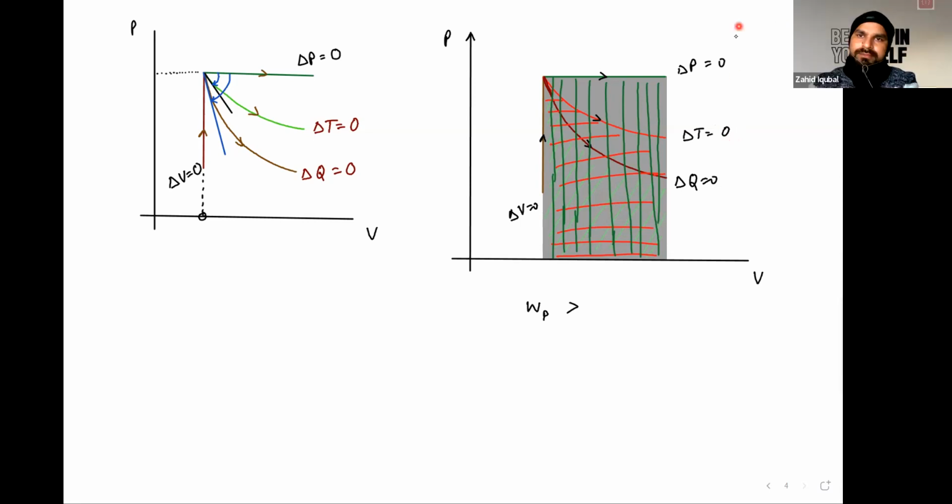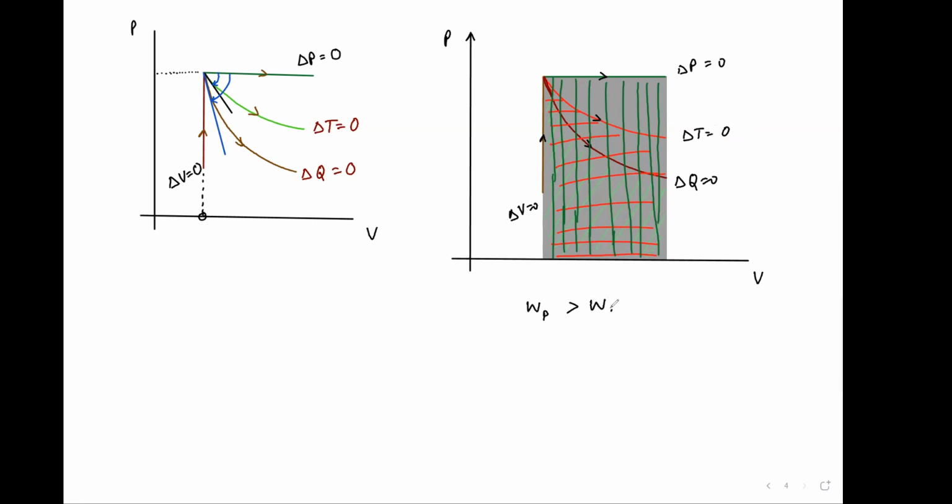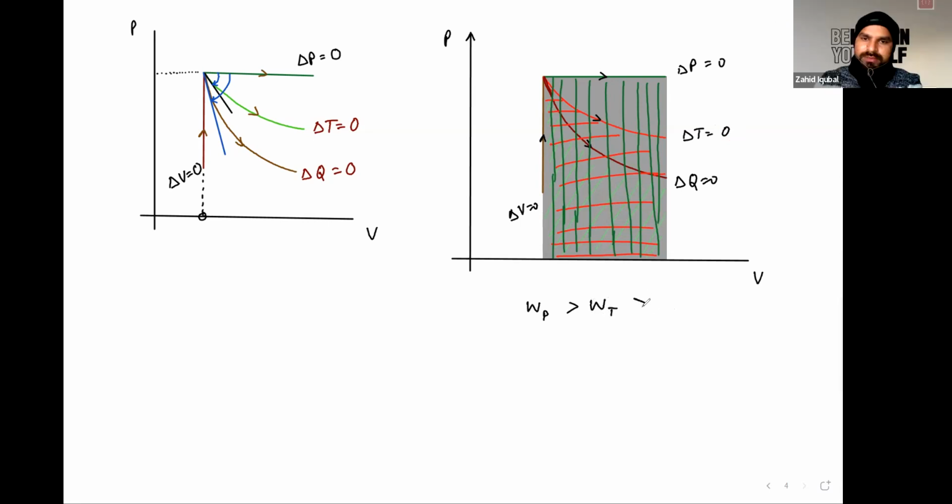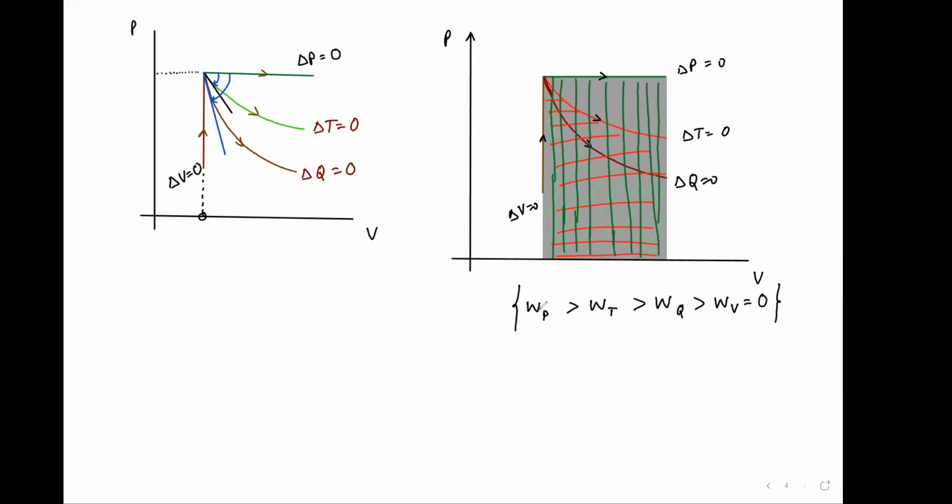And then next, adiabatic. Good. So work done in isothermal, then work done in adiabatic process, and there will be least work done in isochoric, that will be equal to 0. So this will be related work done in different processes. Any doubt? No, sir. Okay, just write it down.